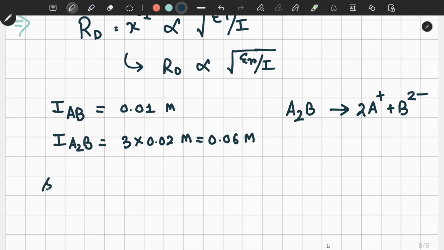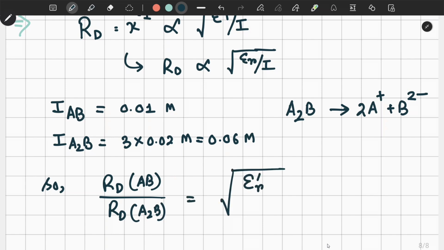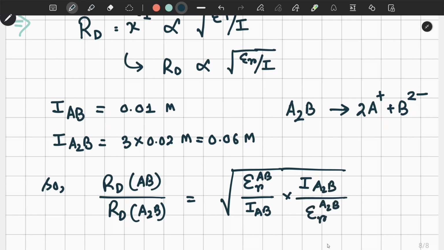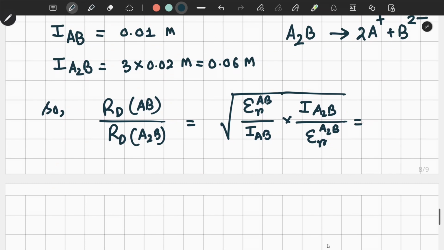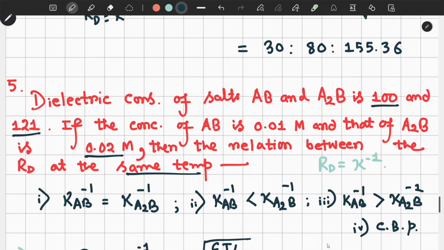So RD of AB will be proportional to, directly we can write it. RD of AB over RD of A2B will be root over epsilon r of AB divided by I of AB into I of A2B divided by epsilon r of A2B. What is the value? Epsilon r of AB is 100 and of A2B is 121.